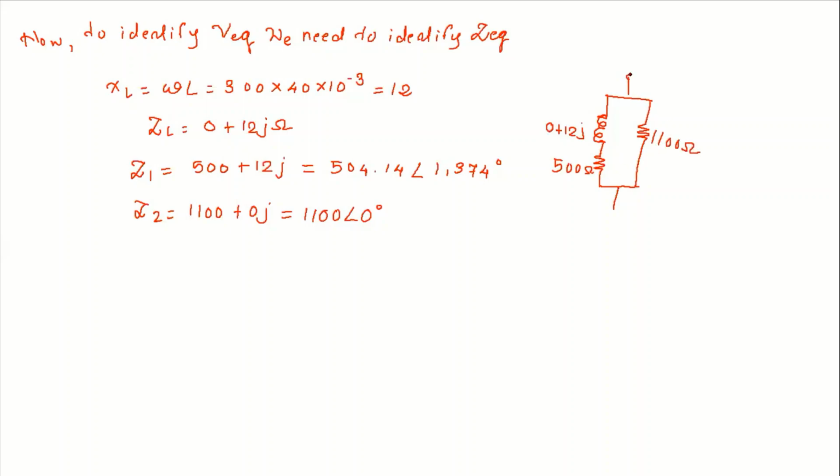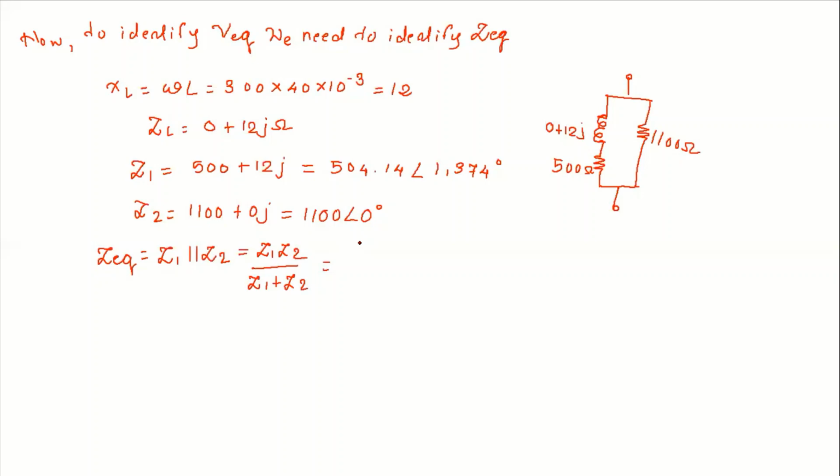So this completely will give us a Z equivalent. Now if we look into this combination, we have Z1 and Z2. We have to identify the Z equivalent of the circuitry, which is Z1 parallel with Z2. If Z1 is parallel with Z2, the combination is Z1 Z2 upon Z1 plus Z2.